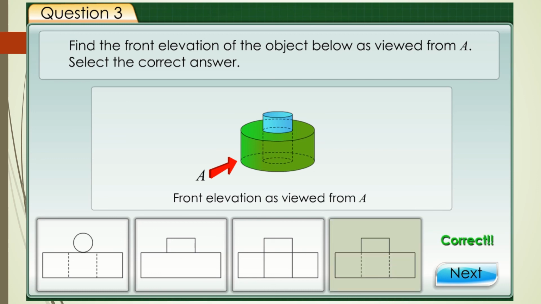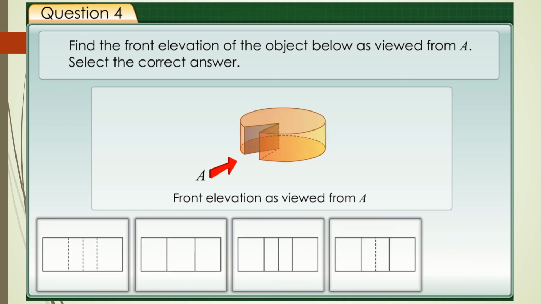Good! That is the correct answer. Question 4. Good! That is the correct answer.